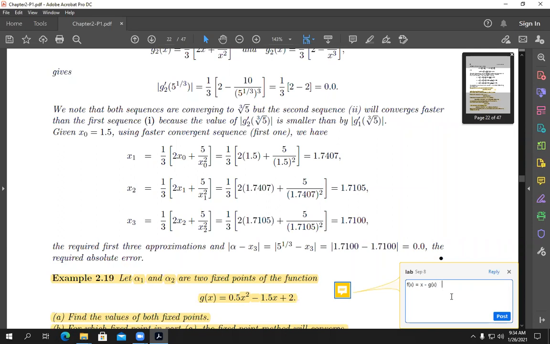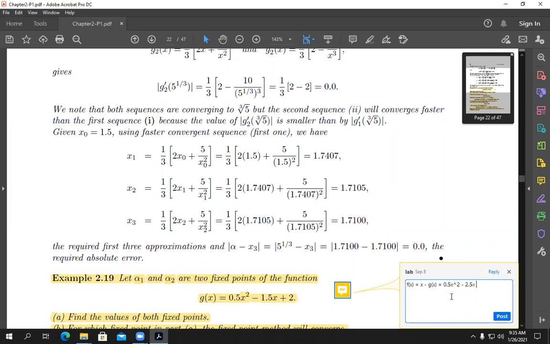Can you give me, what is your f for this case? 0.5 x square minus half x plus 3.5, 1.5, right? 1.5.